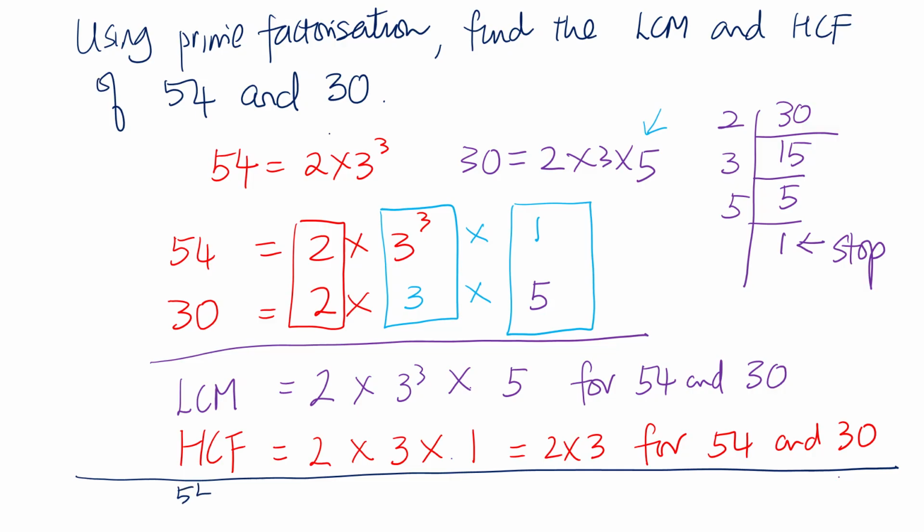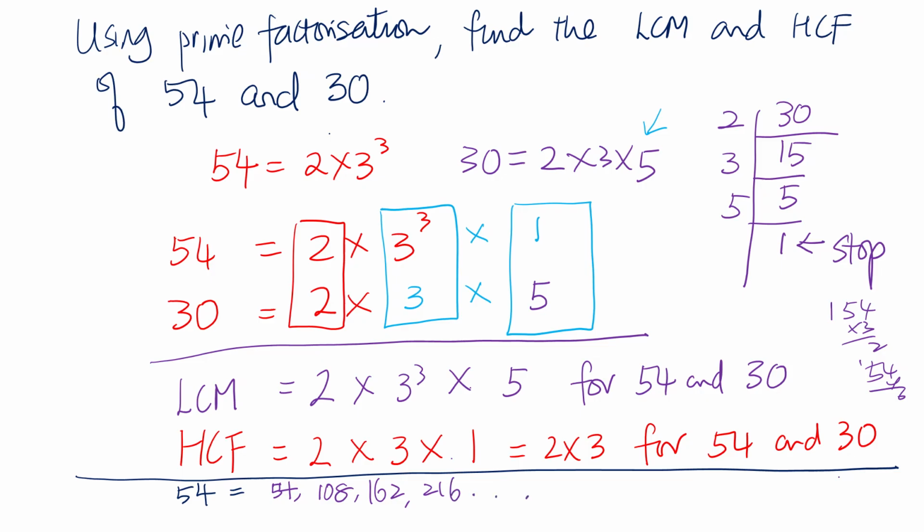If you recall how we do the multiples, the multiples of 54 would be 54 times 1 is 54, 54 times 2 is 108, and then 54 times 3 is 162, 54 times 4 is 216, and so on and so forth.